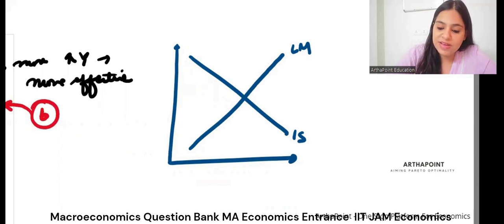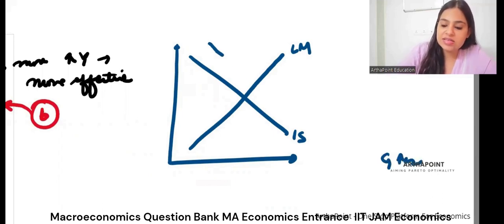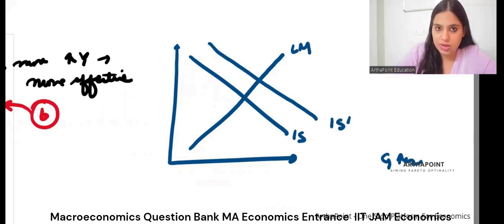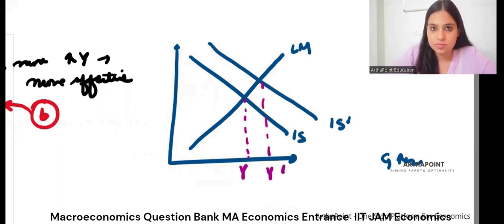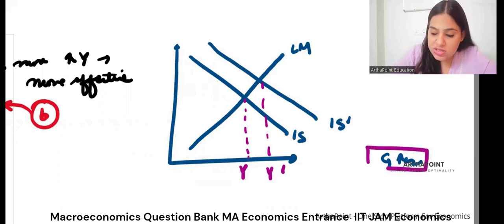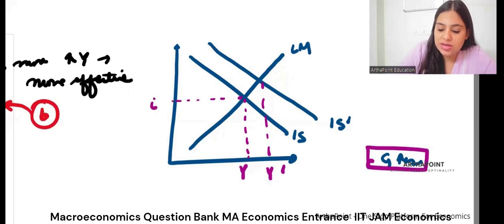Whenever G increases, my IS curve will shift to the right. This will cause an increase in the value of the output. But we know that when G increases and IS shifts to the right, there is an increase in the interest rate.